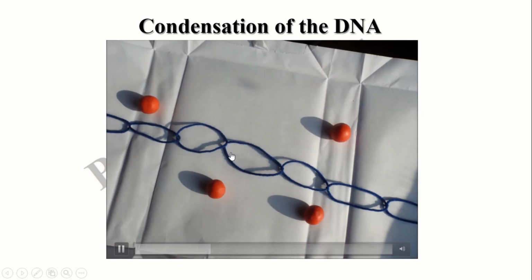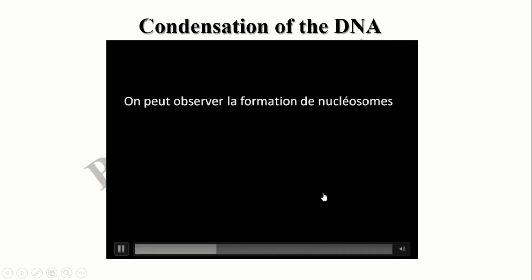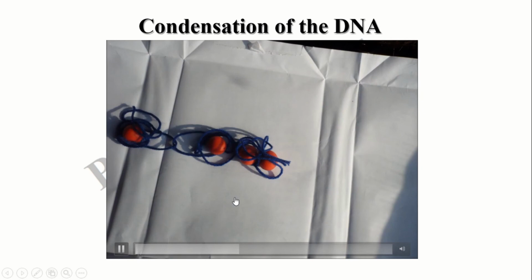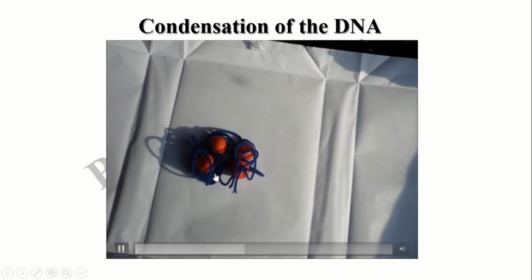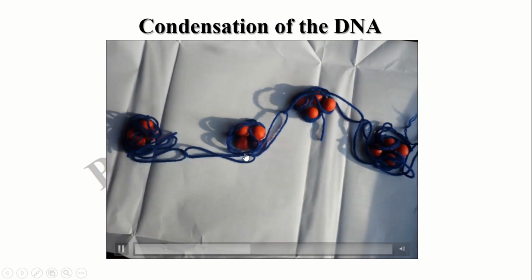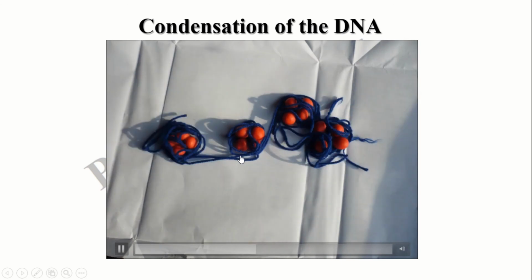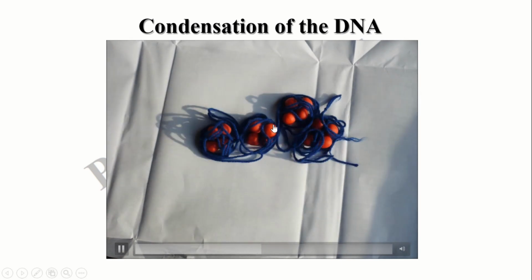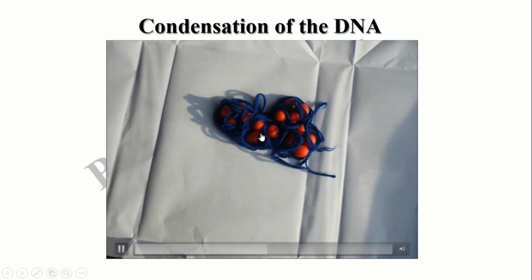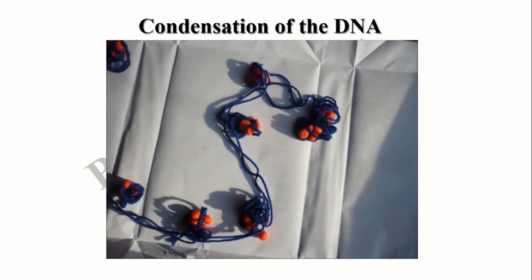So this string or this filament corresponds to the DNA molecule, and the red structures are the histones. We have a progressive coiling of the DNA molecule. The DNA is wrapped on the histone proteins.